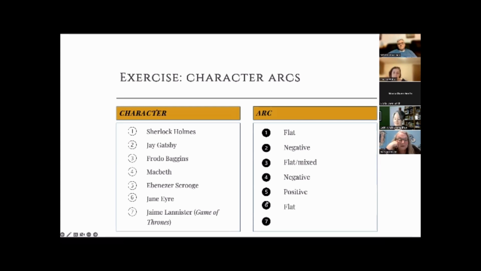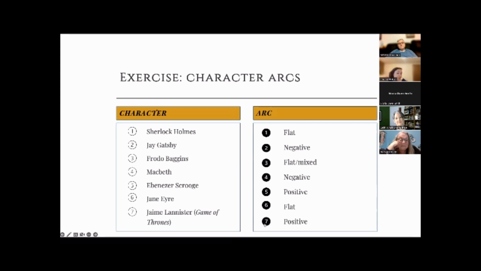Jane Eyre, I think, is another example of a flat arc. Although, again, you could argue that, but I think that Jane's ability to sustain all of her traumas is due to the fact that she is such a steadfast, unchanging character who already possesses an important truth about life and about herself.